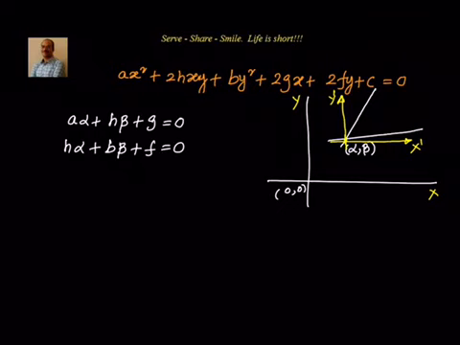Now let's try to solve this pair of linear equations in two variables to find out the value of alpha and beta. We will use cross multiplication method. So as part of that, I'll write down the corresponding coefficients. It will be nothing but h, b, then I'll have g and f, then I'll have a and h, again I'll have h and b.